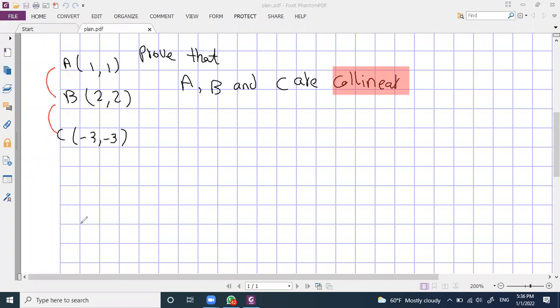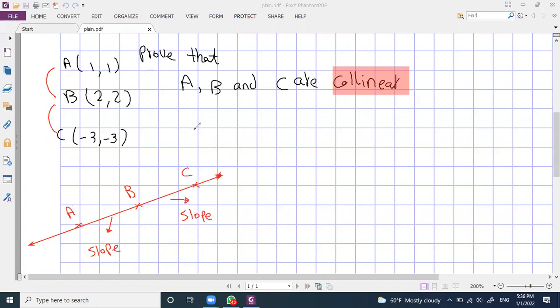You know, the points A, B, and C will be collinear if the slope of AB is equal to the slope of BC. So you're going to find the slope of AB, and then you'll find the slope of BC.